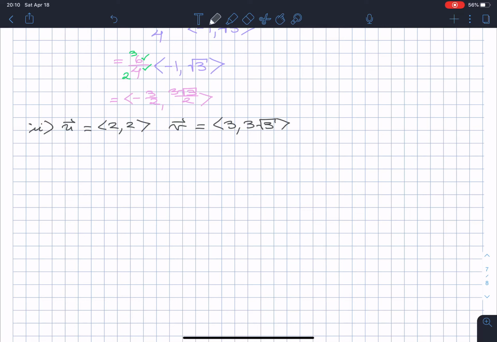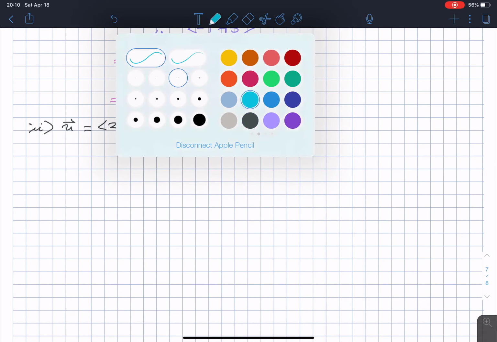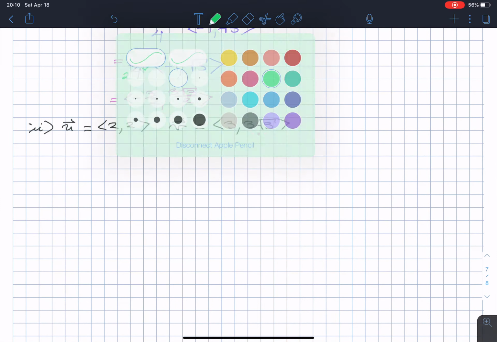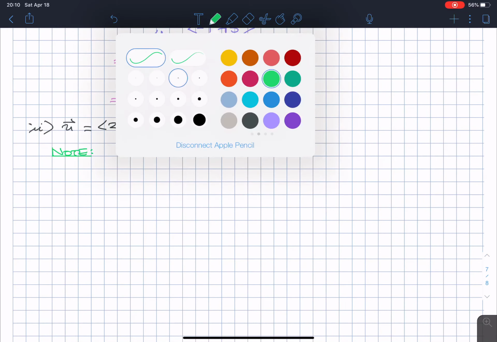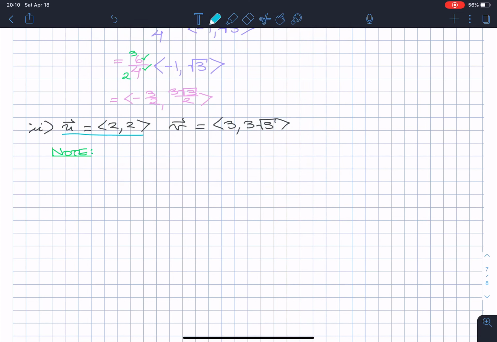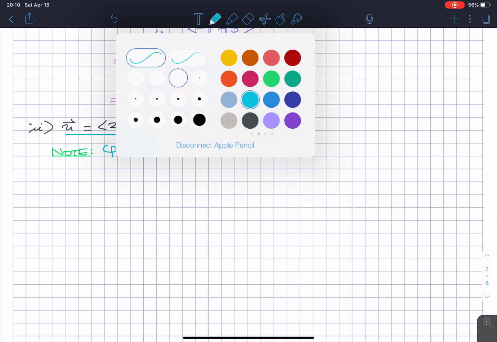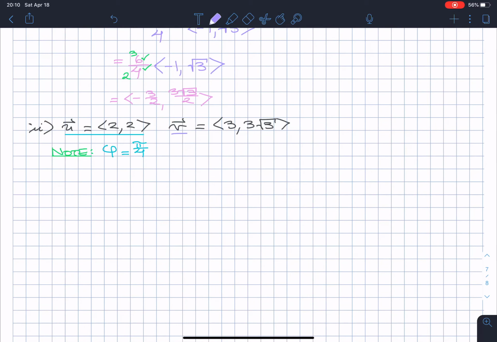Okay, so it should be evident before we even begin. Let me note this. The angle phi corresponding to u is pi over 4, 45 degrees, right? 2 comma 2, it's along the main diagonal.